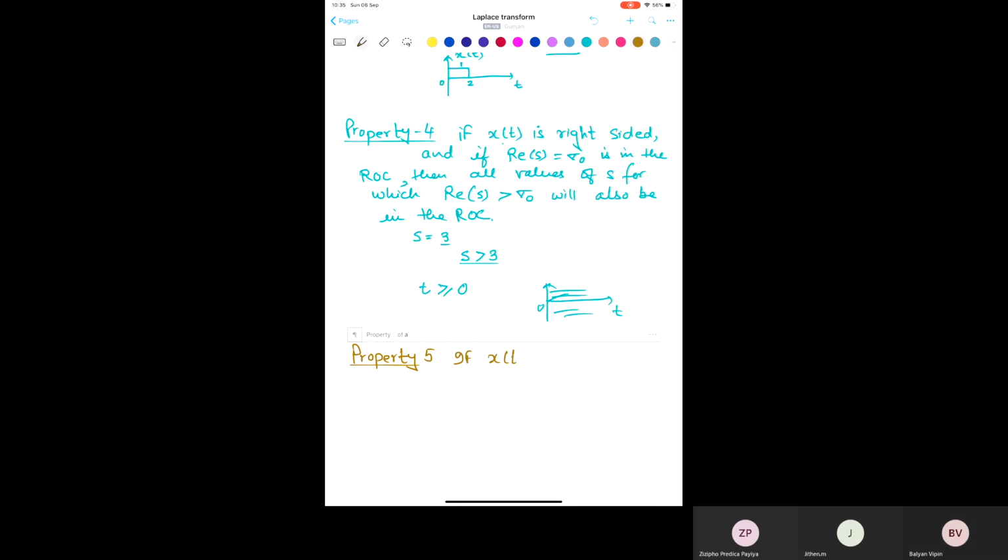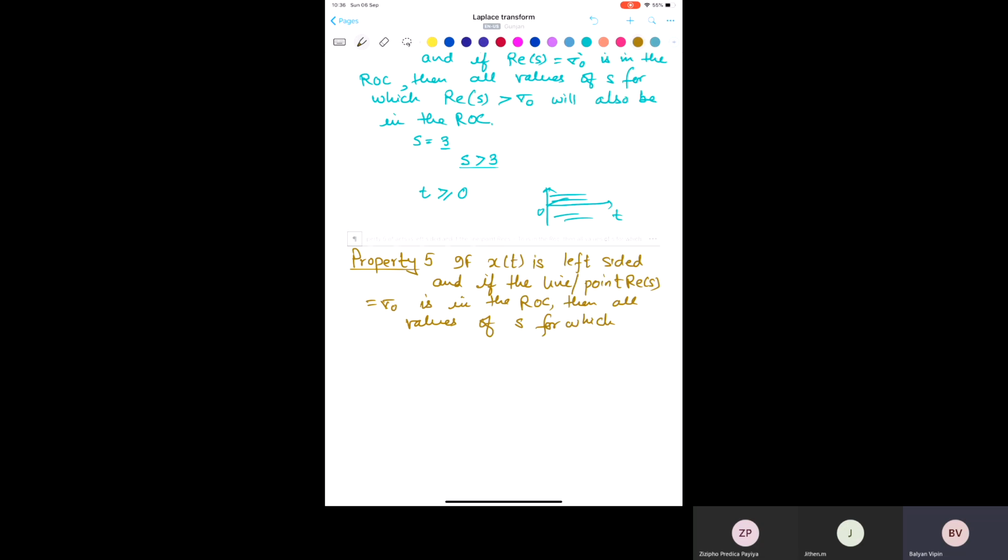If x(t) is left-sided, and if the line or point real s equals sigma naught is in the ROC, then all values of s for which real s is less than sigma naught will also be in the ROC.